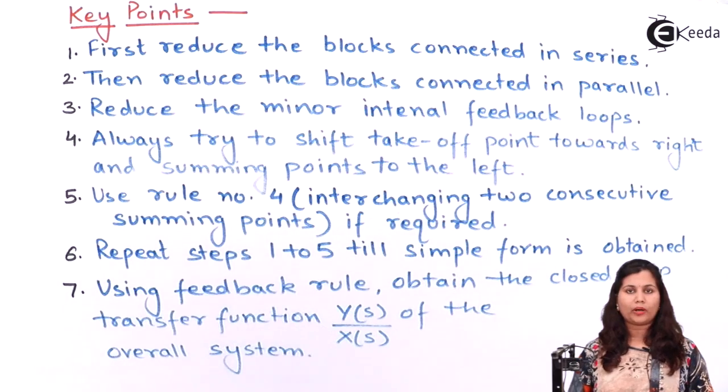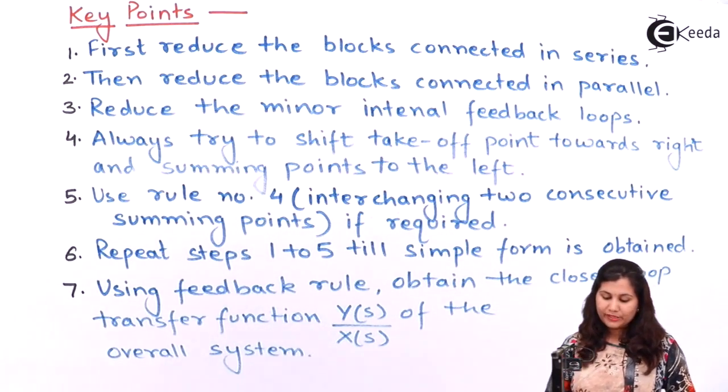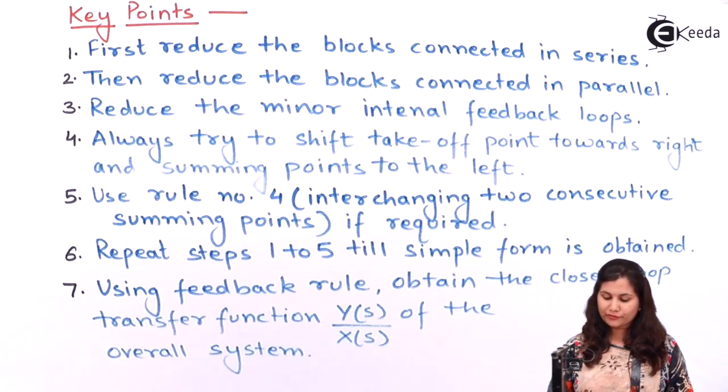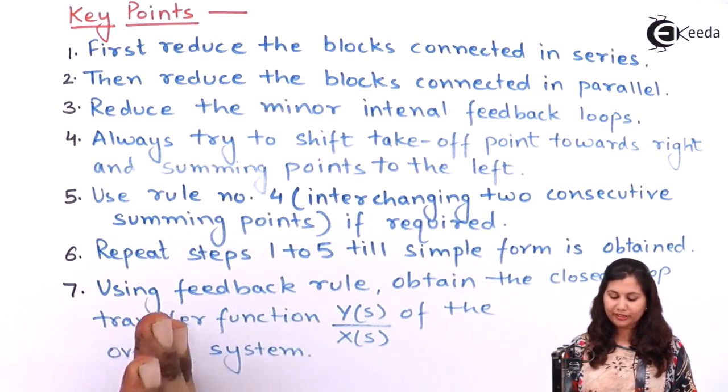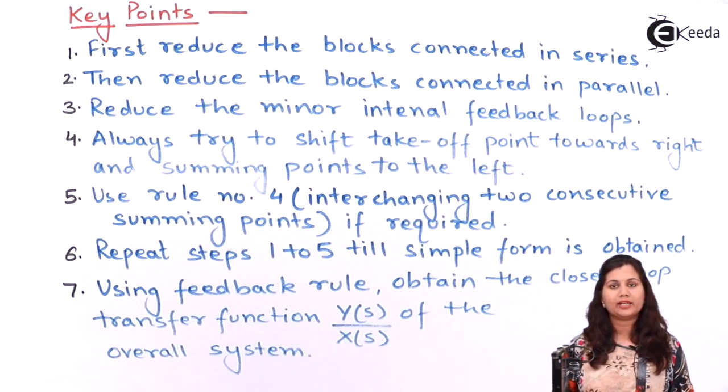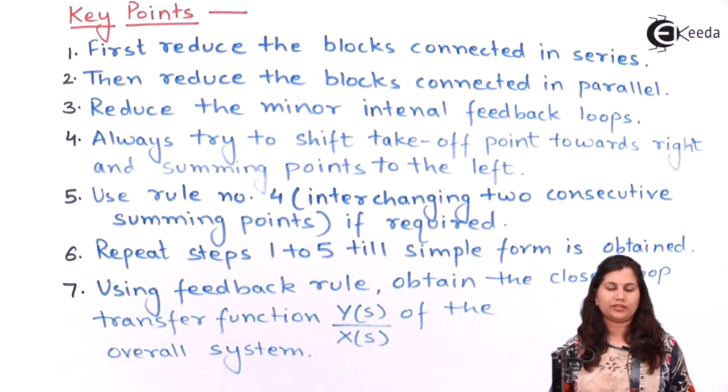Now the fourth point is always try to shift the takeoff point towards the right and summing points to the left. We have the rules of shifting the takeoff point and summing point in both directions, but try to shift the takeoff point towards the right and summing points towards the left. It will be easy to solve the question.